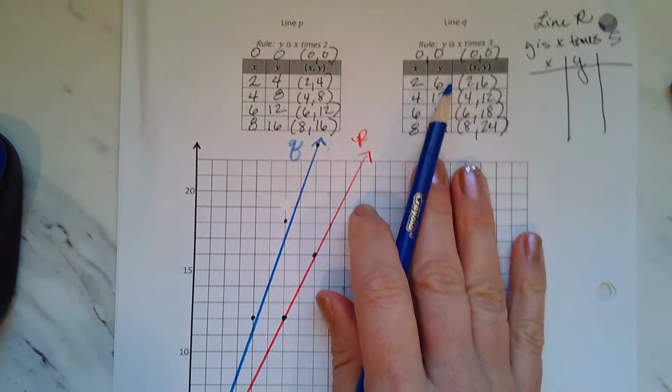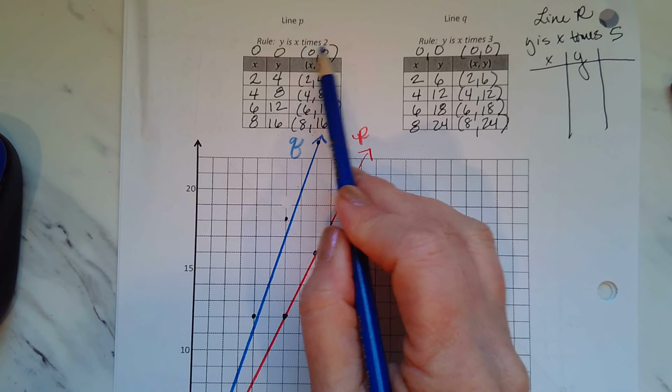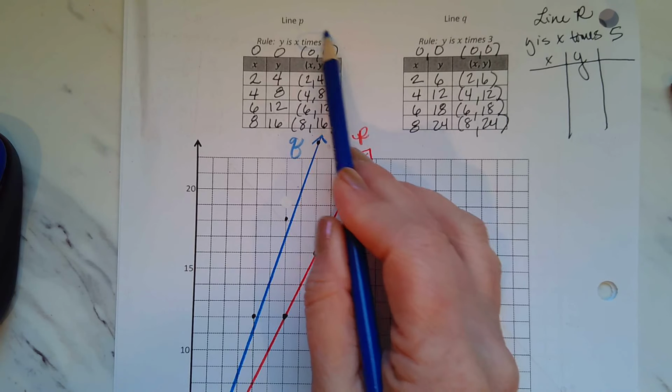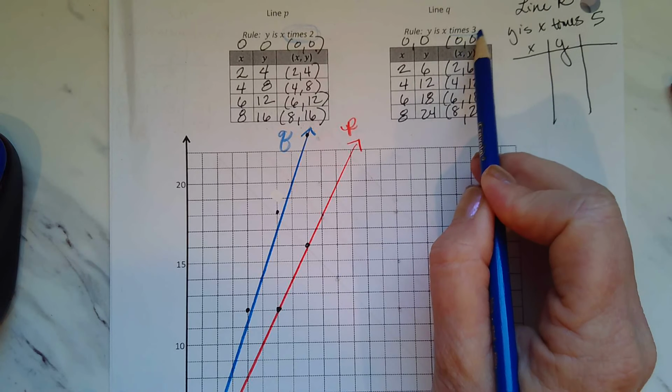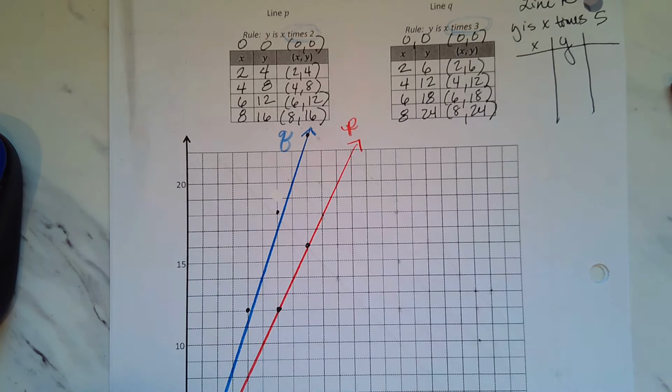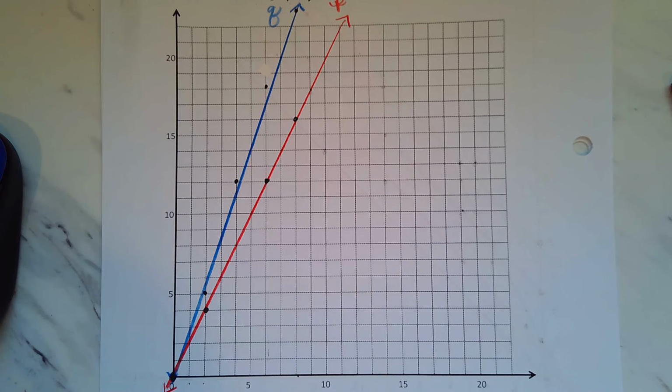This line P goes up, increases by a times 2, like twice as fast. And line Q increases 3 times as fast, right? So they both seem to start at the origin, but then line Q starts going up really quickly.